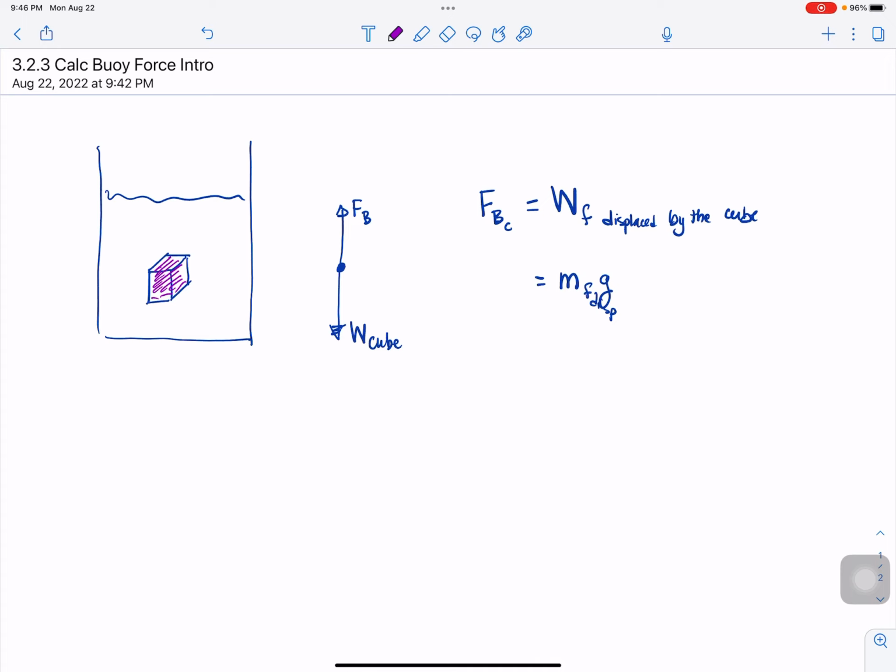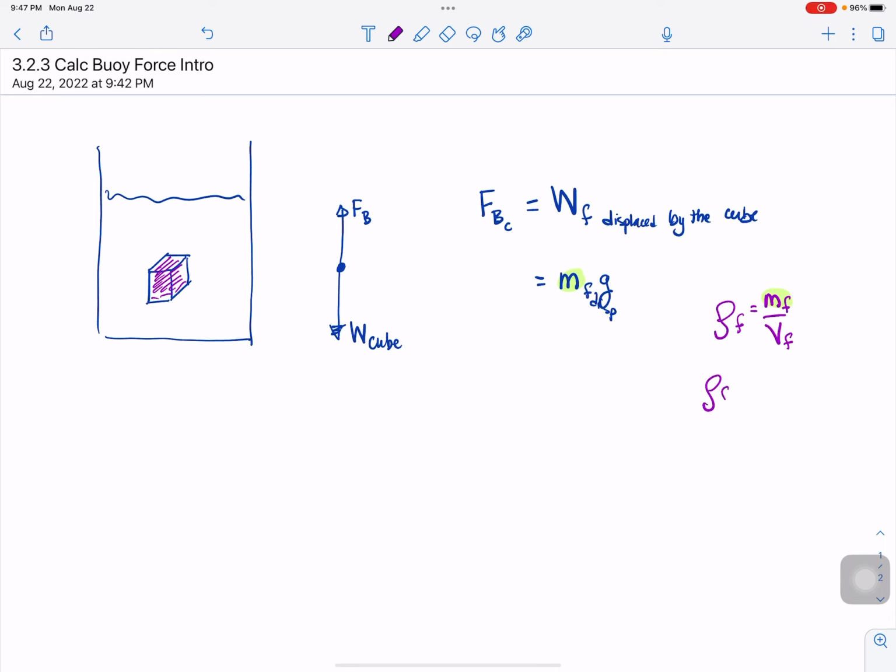And so in order to figure that out, we know that the density of the fluid is equal to the mass of the fluid over the volume of the fluid. And this mass of the fluid, that is what we are looking for. So we're going to solve this equation.